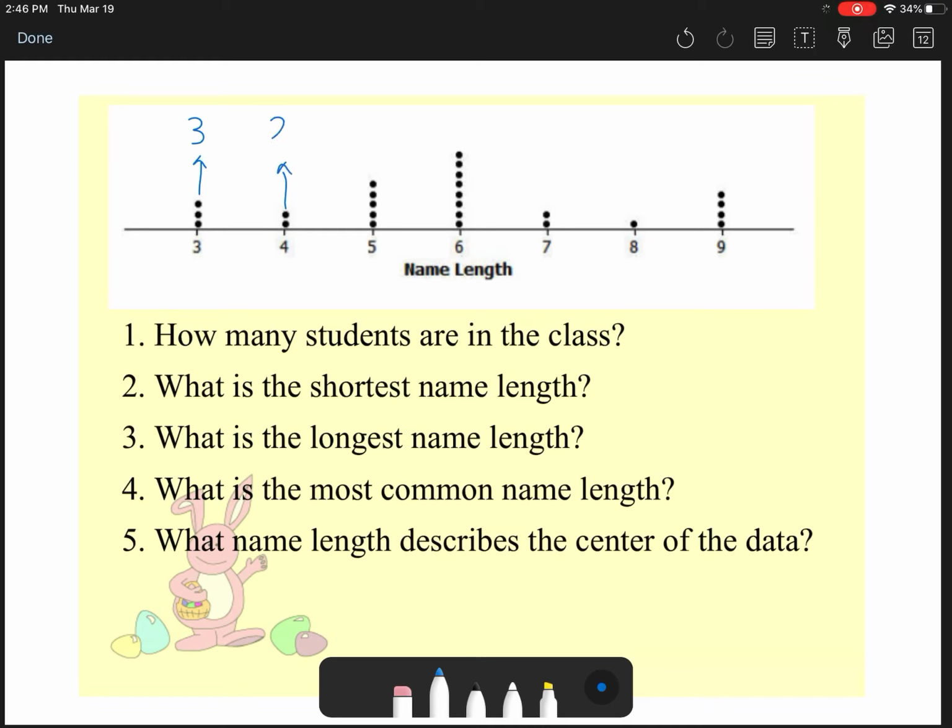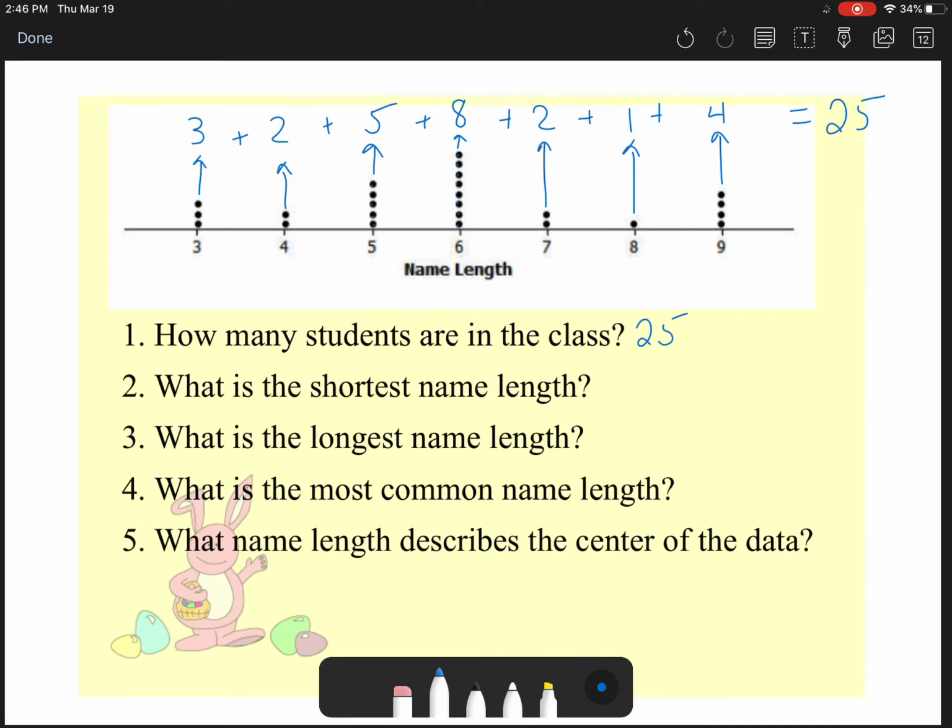Here we have 2, 5, 8, 2, 1, and 4. So we want to add all of these numbers up. 3 and 2 is 5, 5 is 10, 18, 19, 20, 21, and 25. So that's a total of 25 students. Remember, each dot represents 1 student.